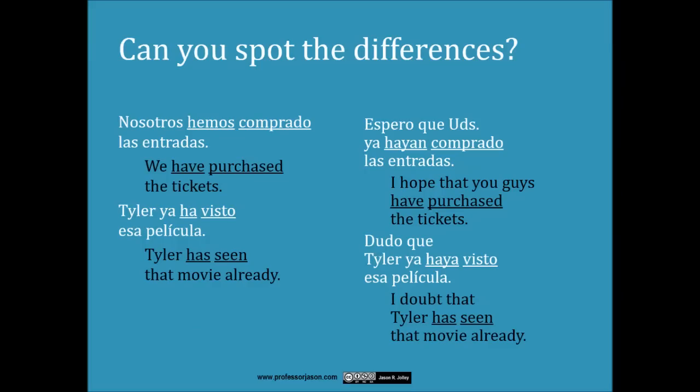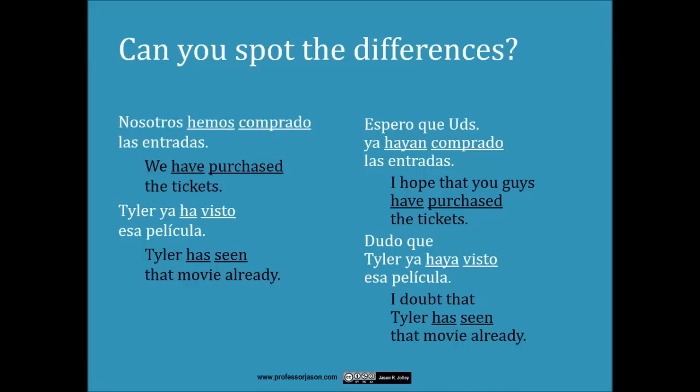So on this slide, you should be able to spot the differences between the simple present perfect, in this case, on the left-hand side, examples of the present perfect indicative. And on the right-hand side, examples of sentences that are a little bit more complex because they have those two different clauses and they're in the present perfect subjunctive.